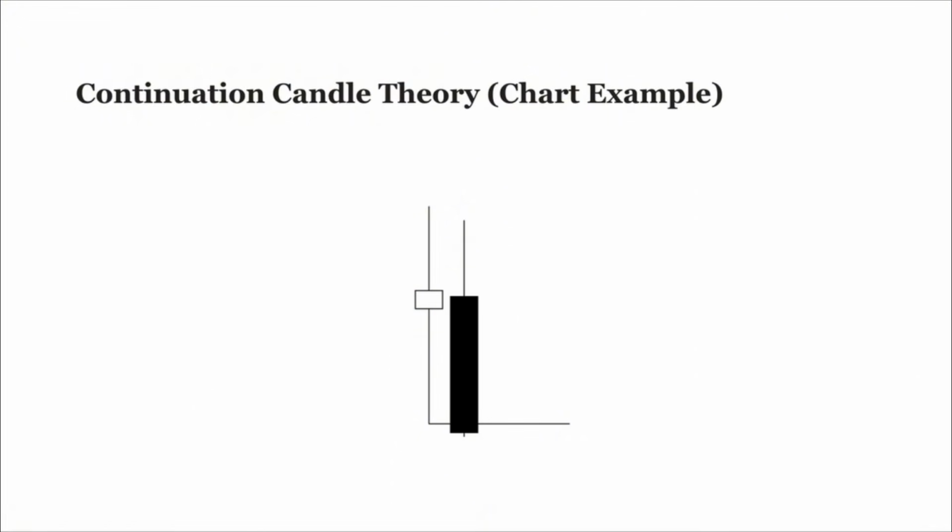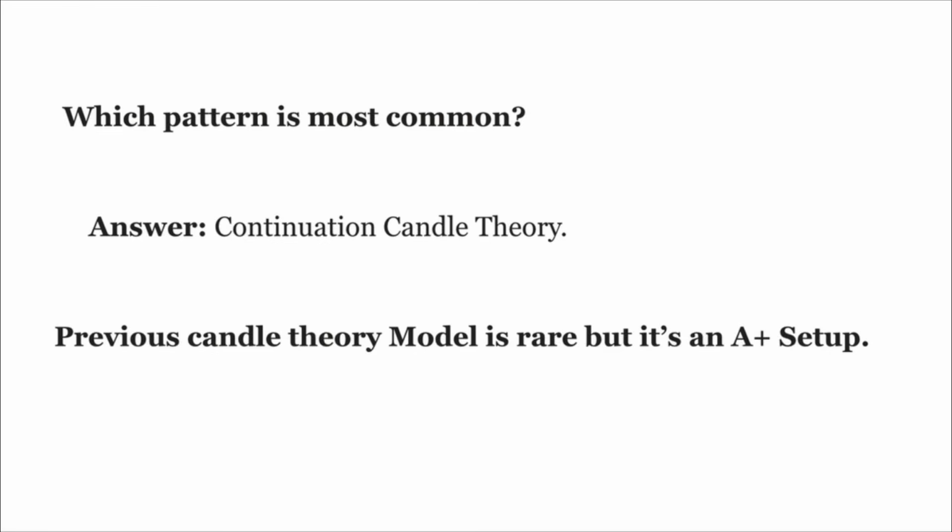It does not take the previous candle high and still reaches the previous candle low. Same for bullish: the previous high and the previous low will not get taken out.